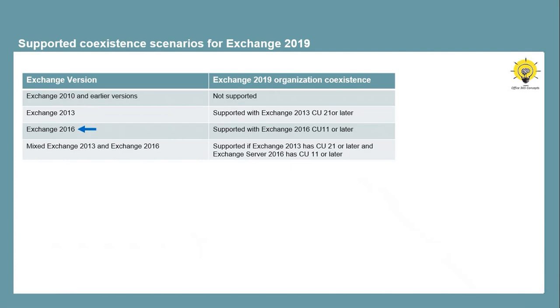You need to make sure that it has the latest or at least cumulative update 11 installed on the Exchange server so that it can coexist with Exchange Server 2019. And if you have both Exchange Server 2013 and 2016, and you are planning to have Exchange 2019 as well, then again, latest updates have to be installed on both Exchange servers.